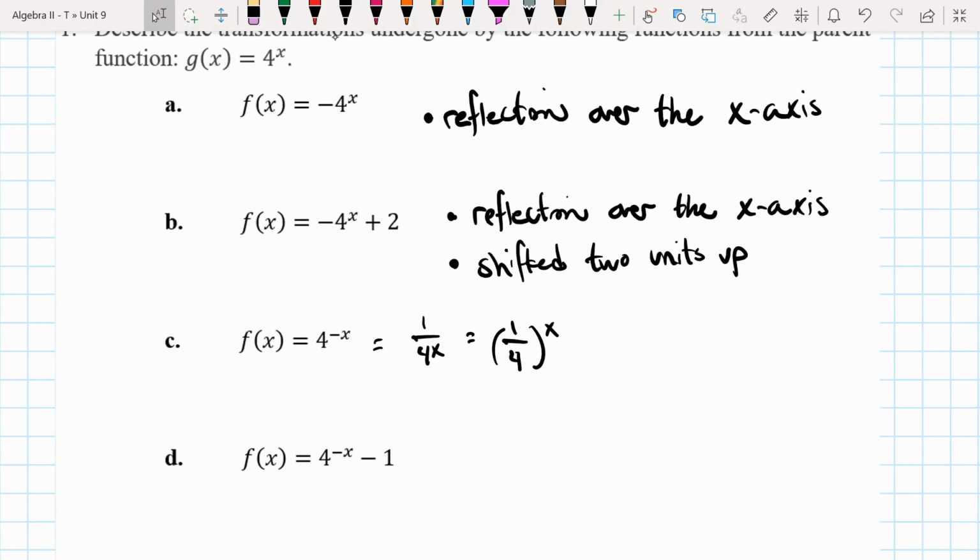And what this will do is it'll transform 4 to the x, which is an exponential growth function, into an exponential decay function. And what that looks like graphically is a reflection over the y-axis. Okay, so then for letter D, this is the reflection over the y-axis.